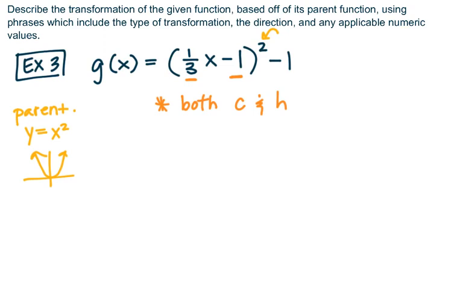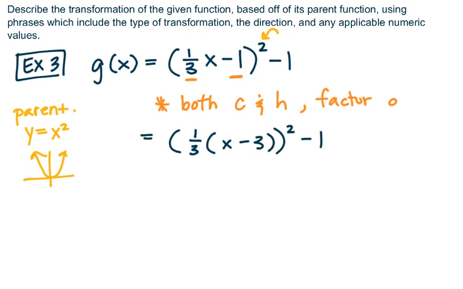But let's look at this. I'm going to rewrite this, factoring out the c value. So I'm going to factor out 1/3, and that leaves me with x minus 3. All right, so that's kind of the trick when you have two values inside the parentheses. You want to factor out the c value. So in this case, c equals 1/3.